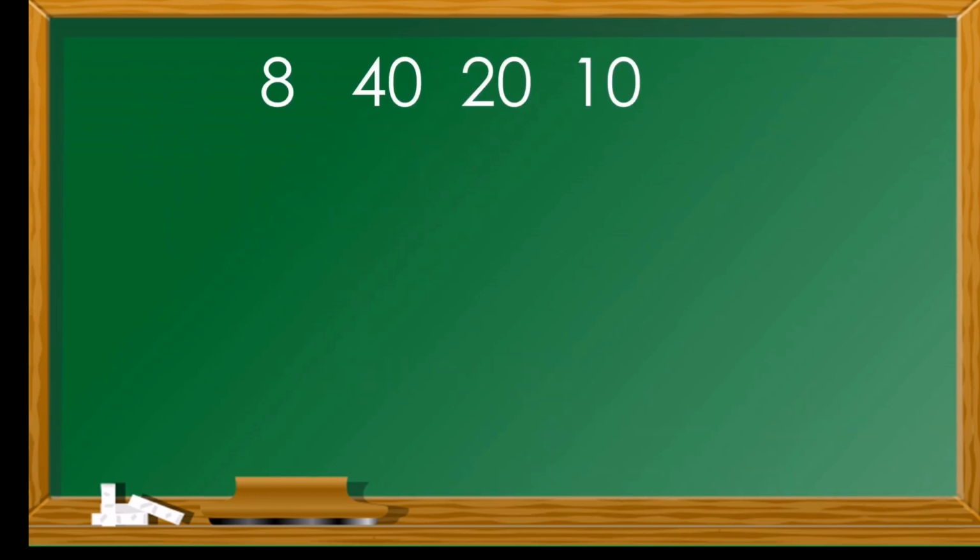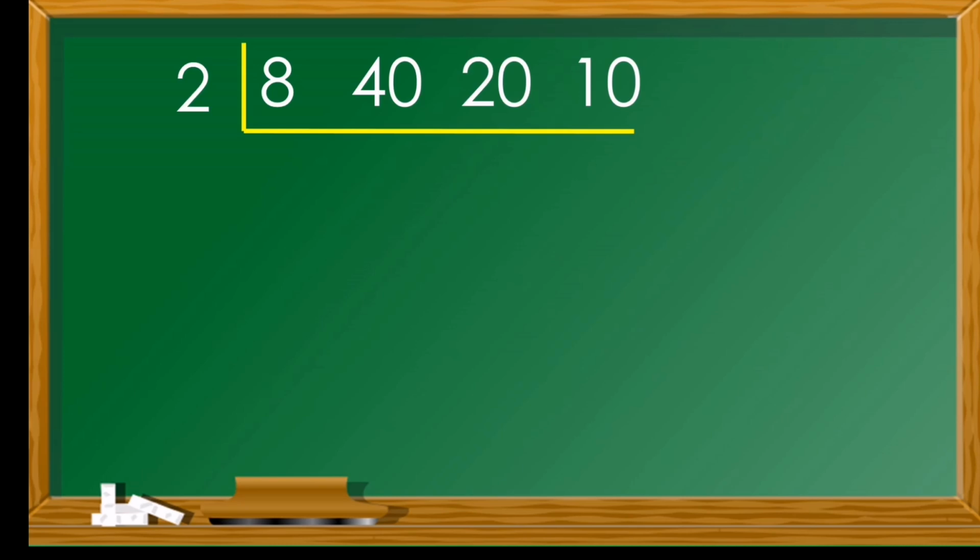This time, let us use 4 numbers: 8, 40, 20, and 10. So let us divide this by another number. What do you think is the divisor for these 4 numbers? We can use 2.